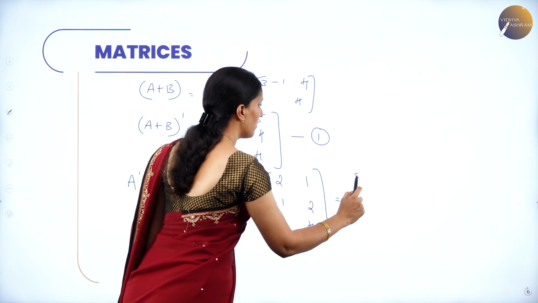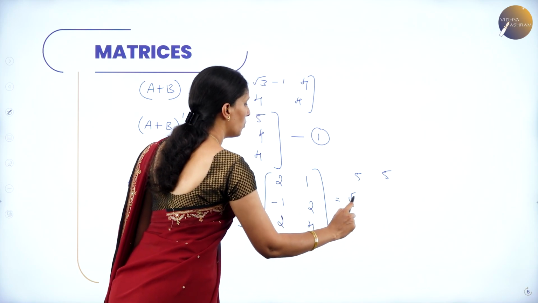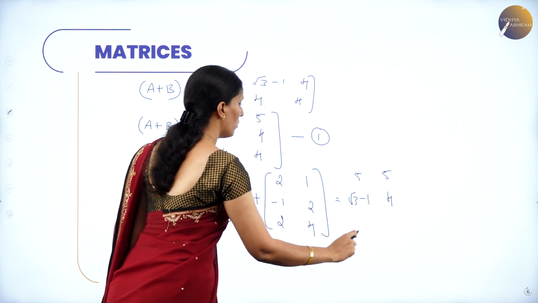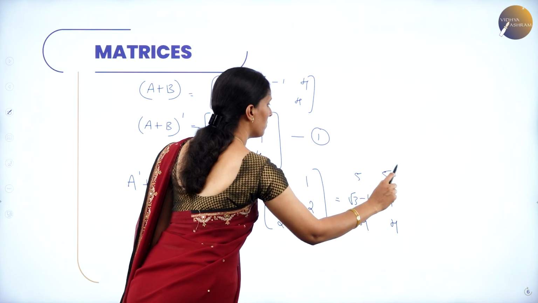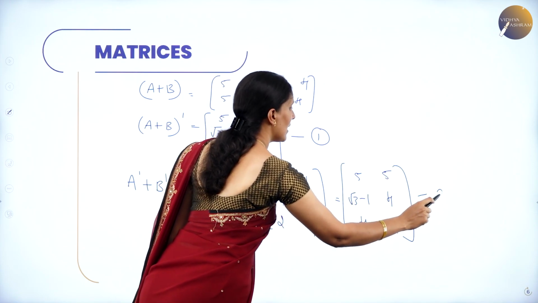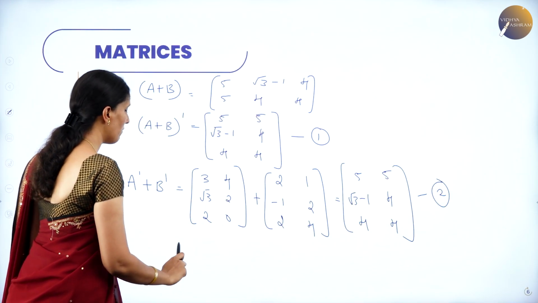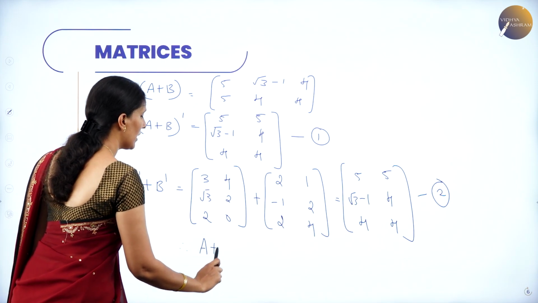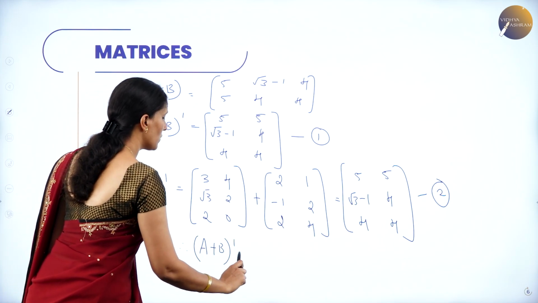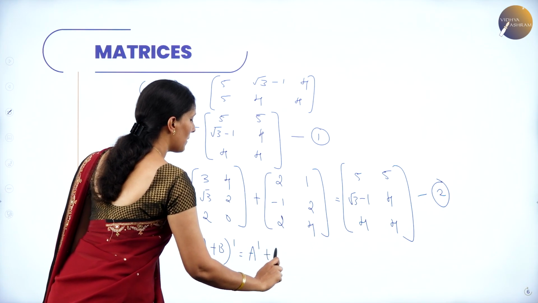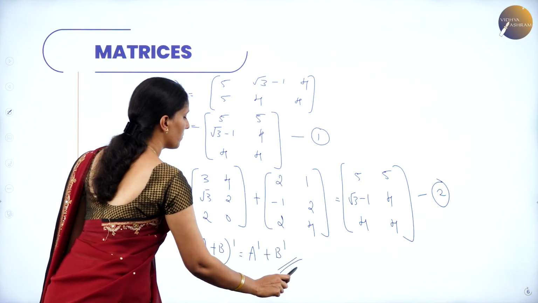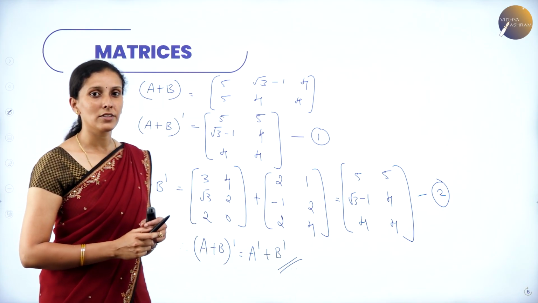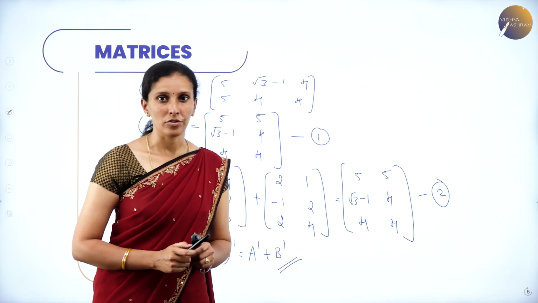So we get 5, 5, root 3 minus 1, 4, 4, 4. So take this as equation 2. So from 1 and 2, what can we conclude? A plus B whole transpose is A transpose plus B transpose. So these are a few properties of the transpose of matrices.